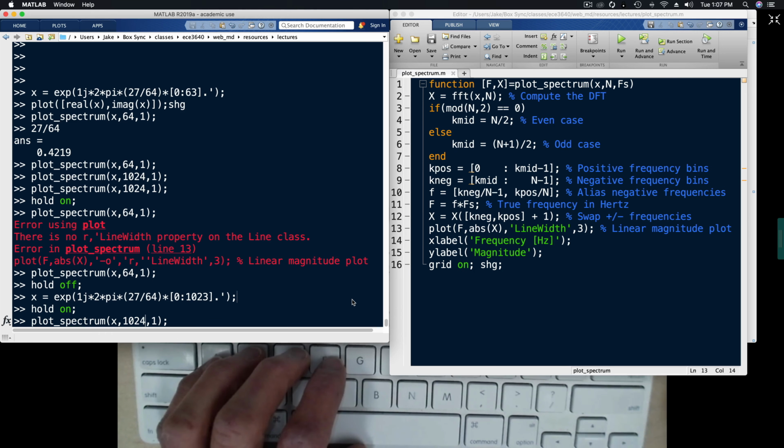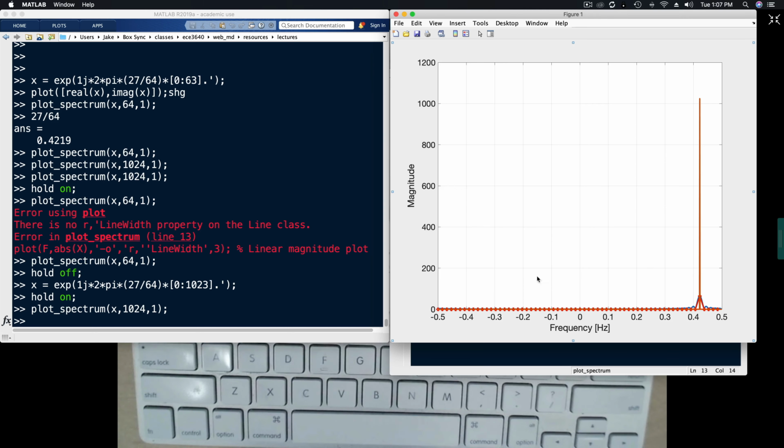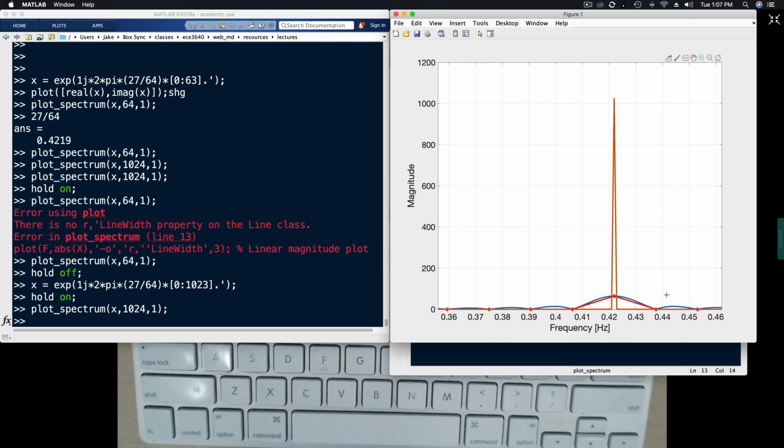And let's zoom in and take a look at what we have here. We'll zoom in close to the frequency that we're looking at. Notice that the amplitude here goes up to 1,024.